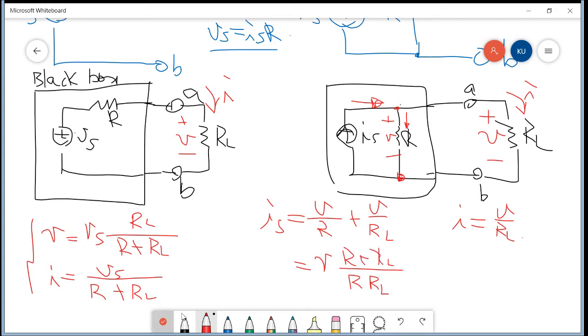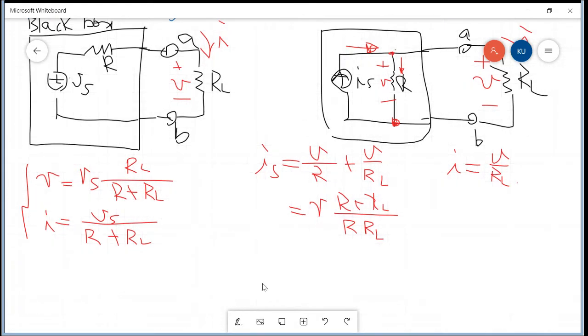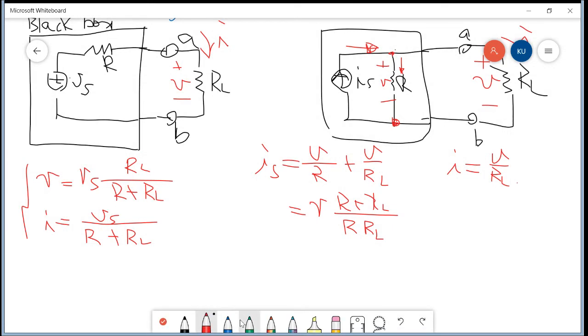And then we will know that V is actually Is times R plus RL. We only move this term to the left hand side and swap the left and right.